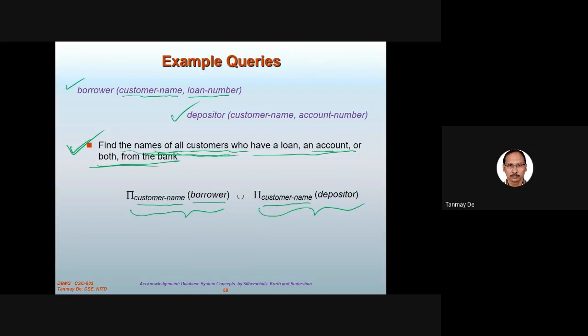Suppose the query is: find the names of customers who have a loan but not any account in the bank.